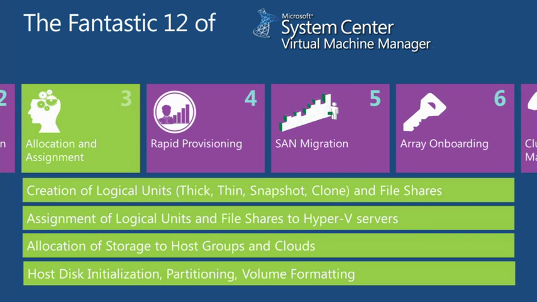So we really have this ability to classify storage, and then you can assign that storage to either host groups or to the clouds that make up that host group. VMM also takes care of things like initializing disks, partitioning them, and performing volume level formatting.